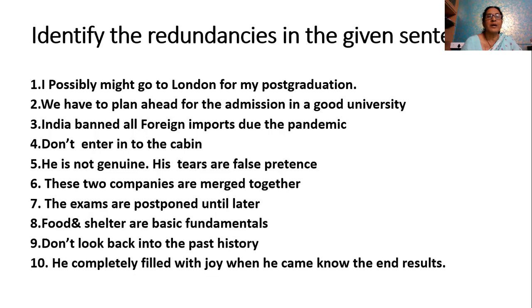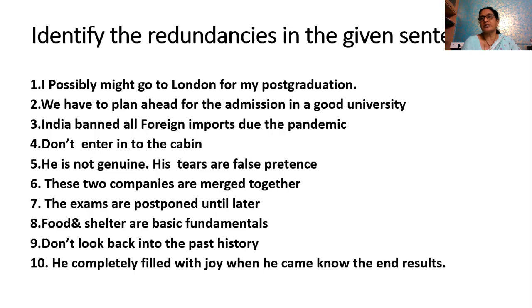I possibly might go to London for my post-graduation. What is the redundant word here? We can say possibly. Possibly and might are giving the same meaning. So you can say, I might go to London for my post-graduation.